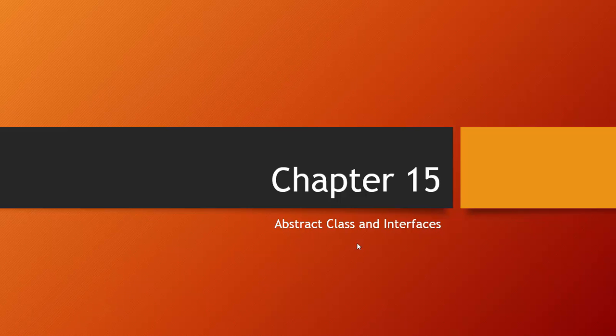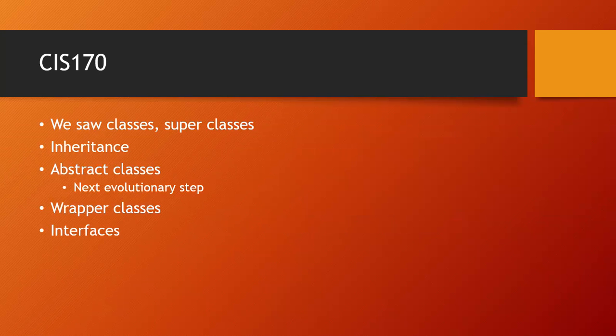So chapter 15 is about abstract classes and interfaces. And in the past, in CIS170, we saw there were classes and superclasses. And remember, a superclass is just a class that we can inherit from. We might also refer to that as the base class or a parent class. We have lots of different names for the same thing in programming, don't we?